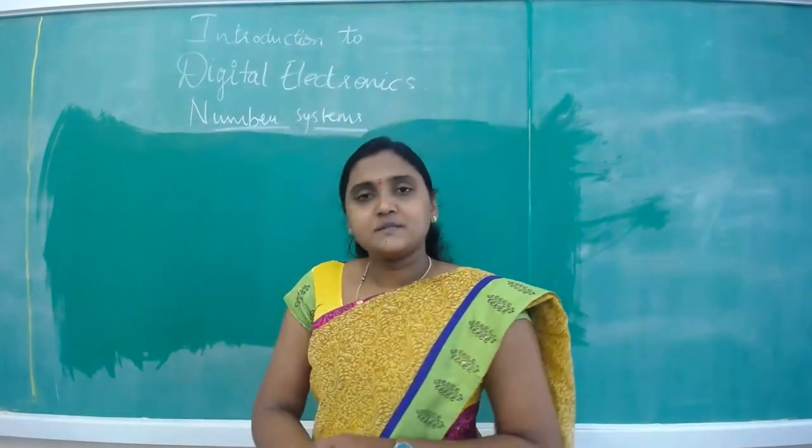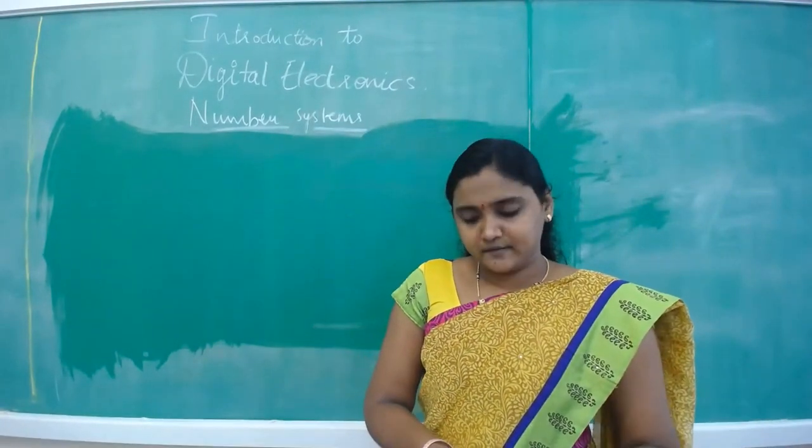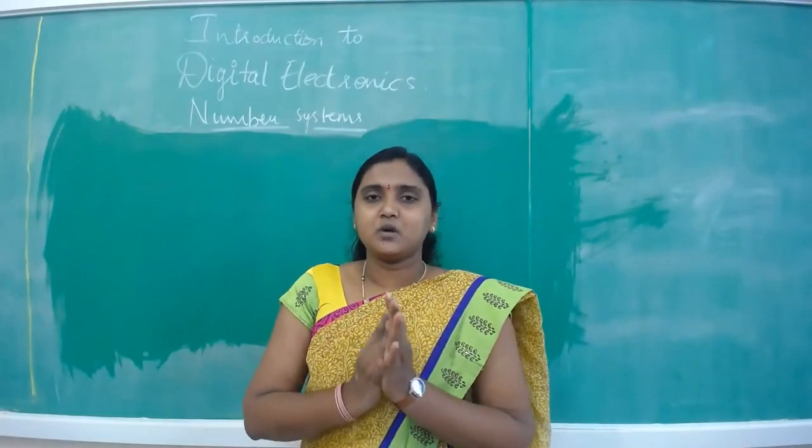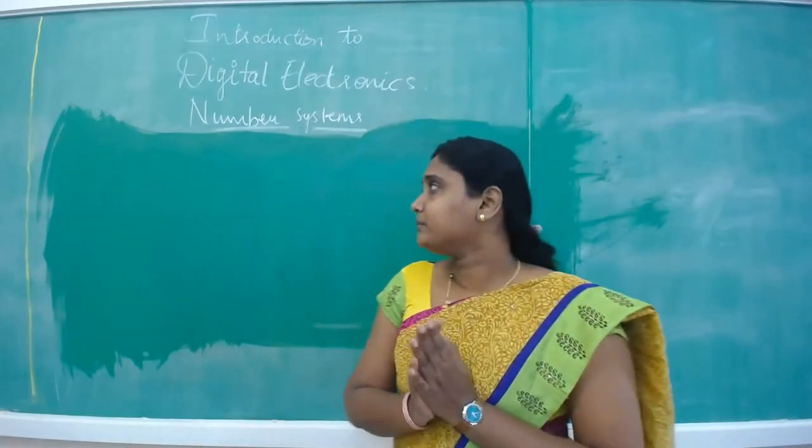Now the next number system is the binary number system, where I have told you that the binary number system uses two different symbols. The two symbols are 0 and 1. Okay.